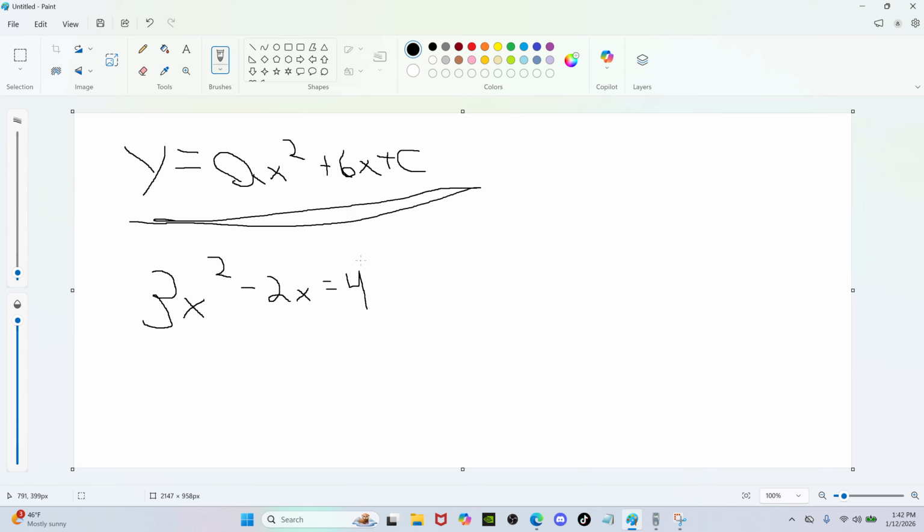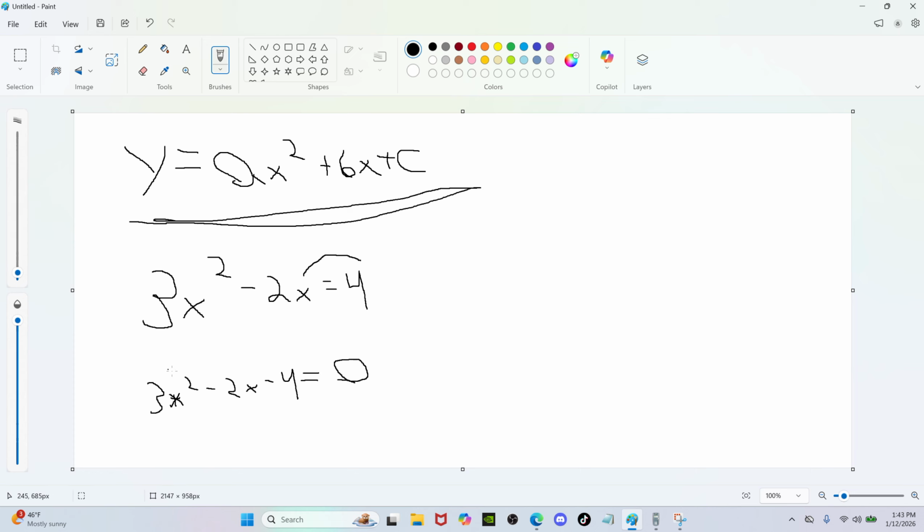So our first step, like I said before, is to move this positive 4 over here, so it becomes a negative. So we're going to rewrite it: 3x squared minus 2x minus 4 equals 0.